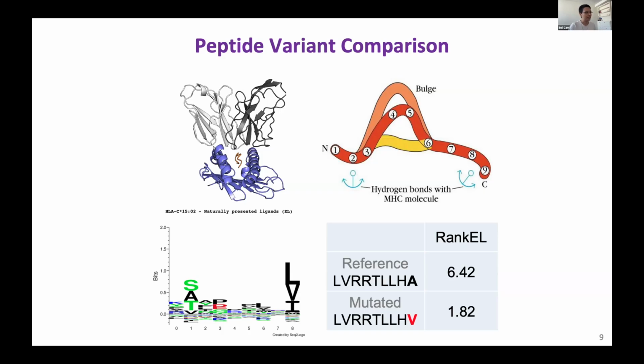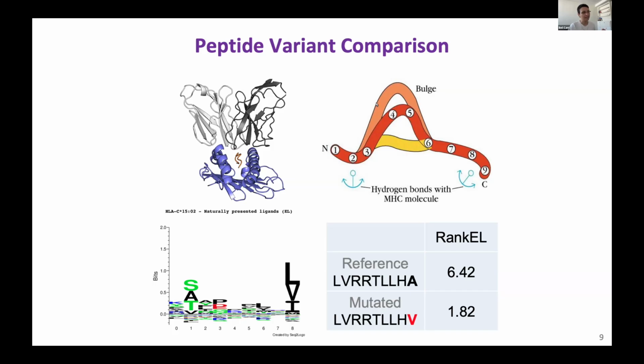In this figure, you can see a short peptide sequence in orange that is being presented in the context of an MHC molecule, and this is being exposed to a T cell receptor here in gray. So first, the peptide has to interact with the MHC molecule, and this happens through specific residues in the peptide, which are called anchor positions, that are connected to the MHC by hydrogen bonds.